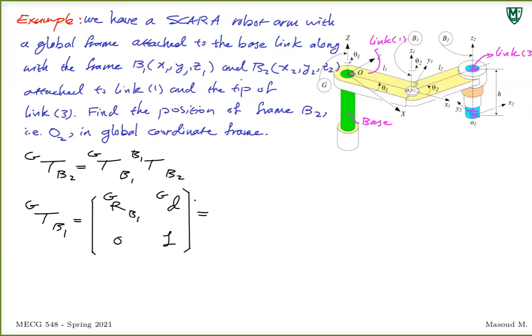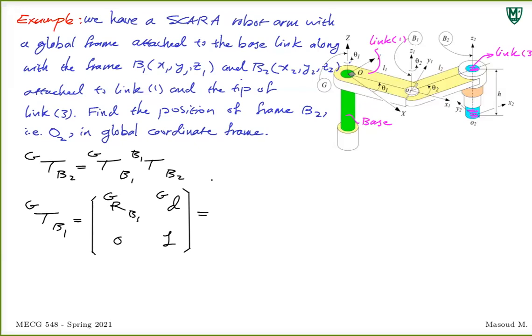Or how does B1, which is attached to link 1, rotate around G? Well, you have 3 options: rotation around X, rotation around Y, rotation around Z. What was the question?